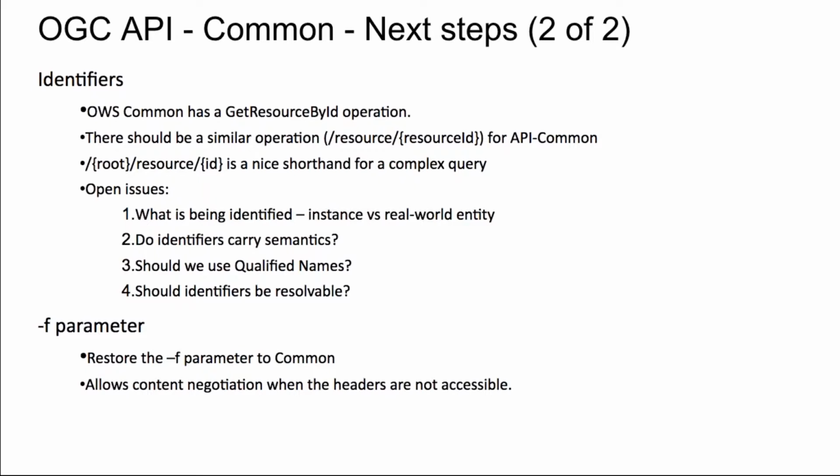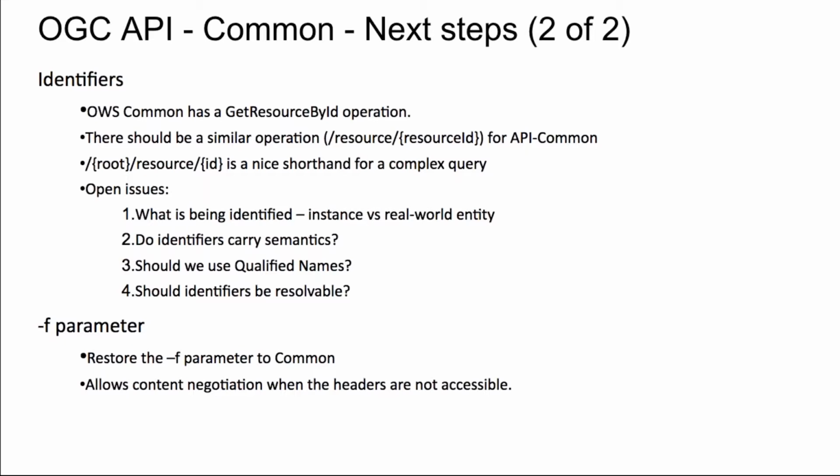Should the identifiers carry semantics? The textual-based identifiers very often are based on, well, I want to know the date and time it was collected, and I want to know this, and I want to know that. I get all this metadata encoded in an identifier. That's not scalable. And I will sit here and rant that identifiers should not have semantics. There should be no meaning in an identifier, but I'm sure people disagree with me.